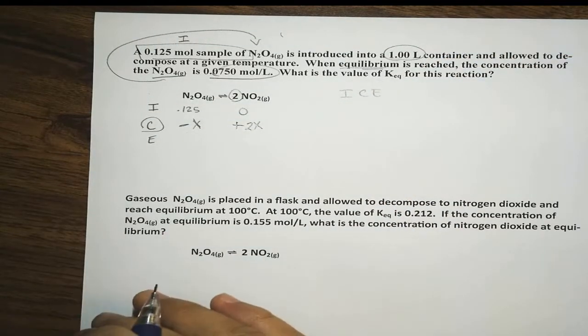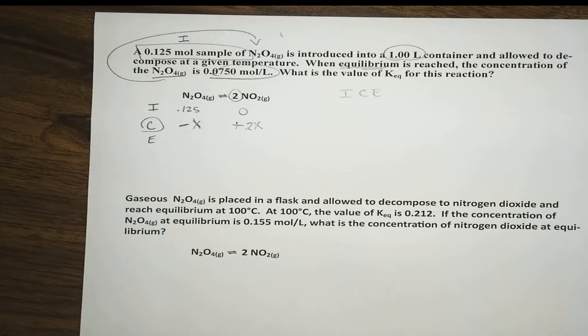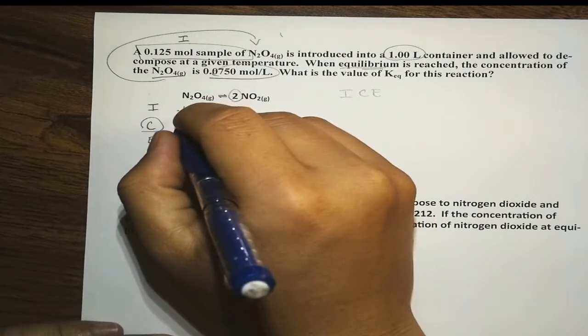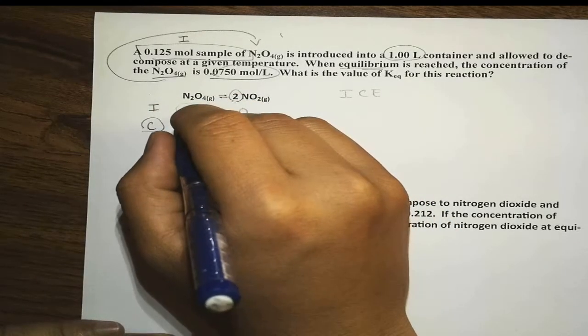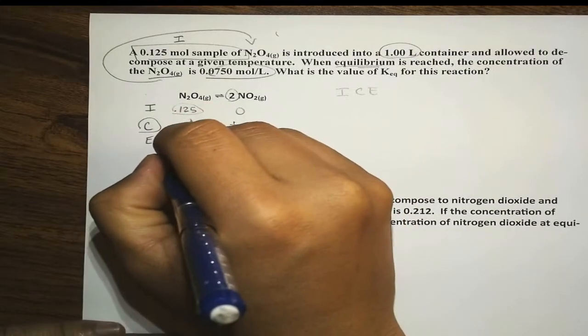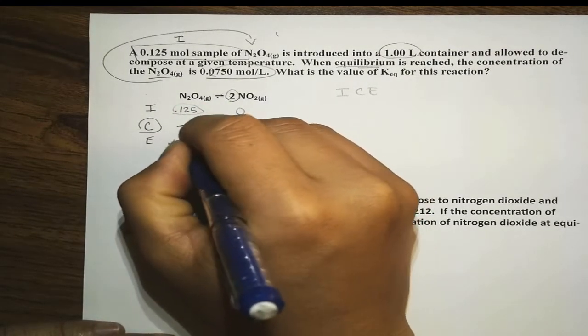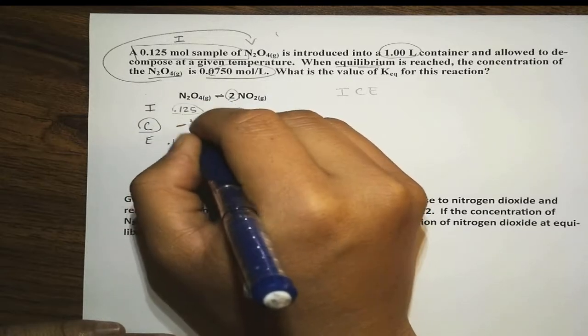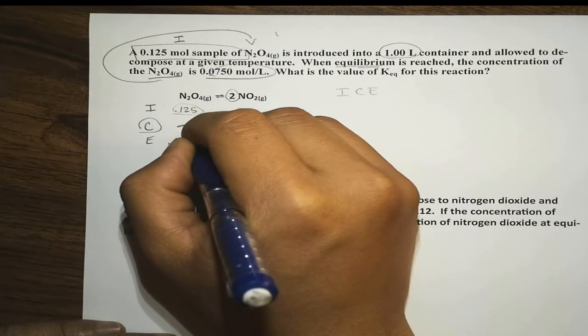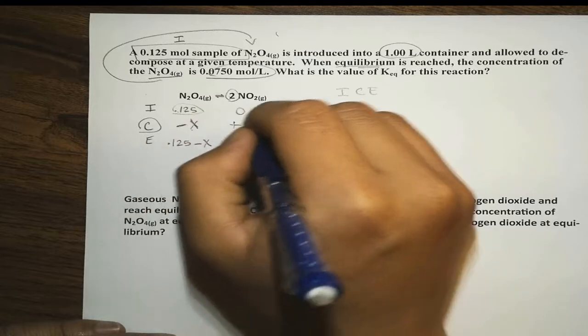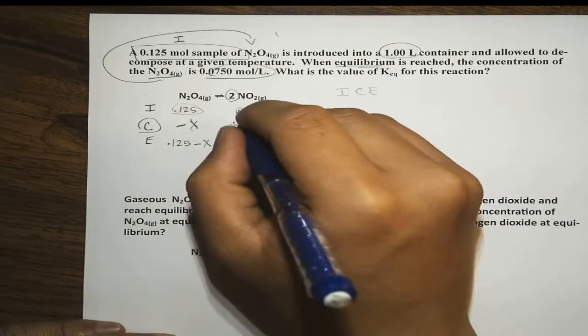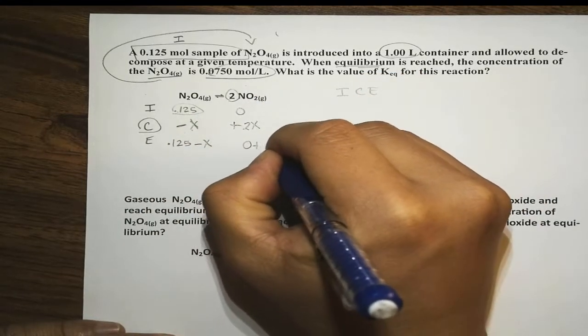Now at equilibrium, we also express in terms of X. We know that we're starting from 0.125, so we have 0.125 molarity minus X. So we combine them together, right? Initially, the change will be minus, because we are using it to make the product. But on the product side, we will have 0 plus 2X.